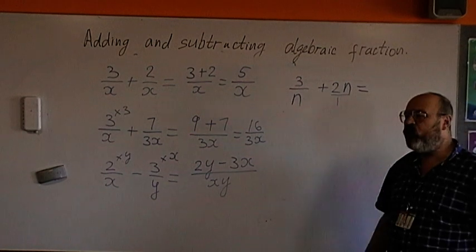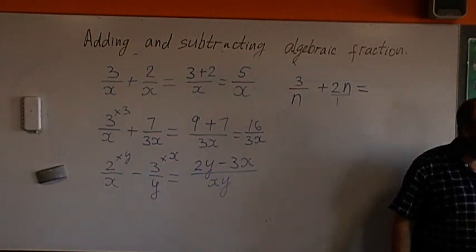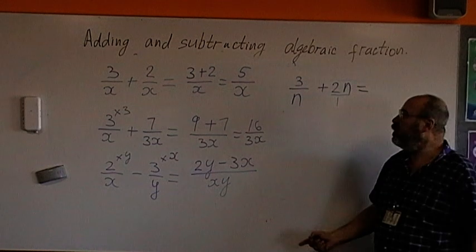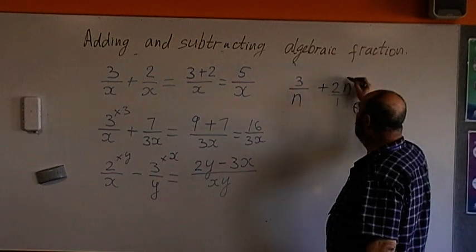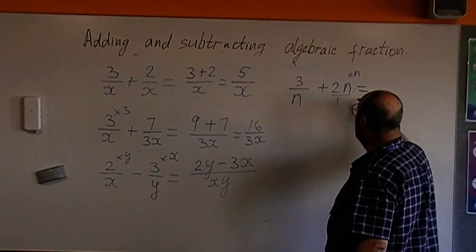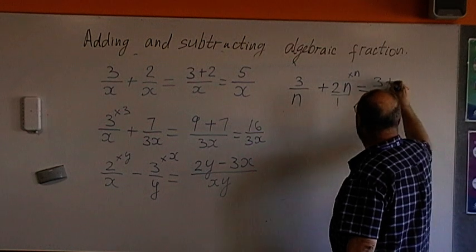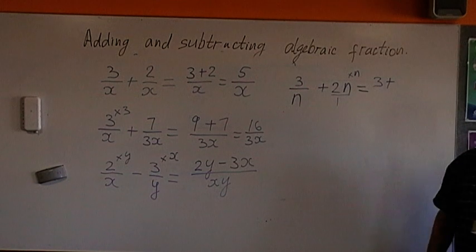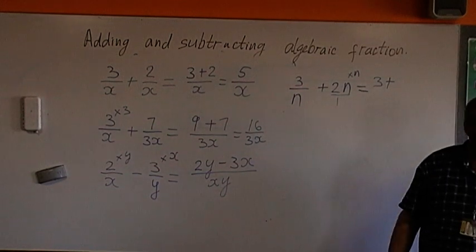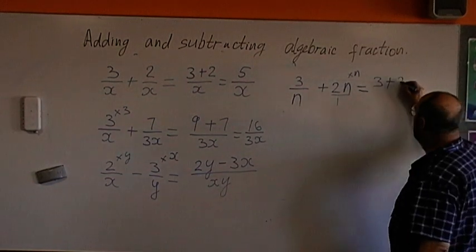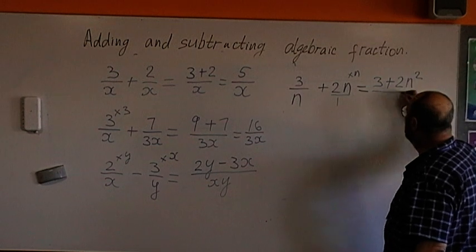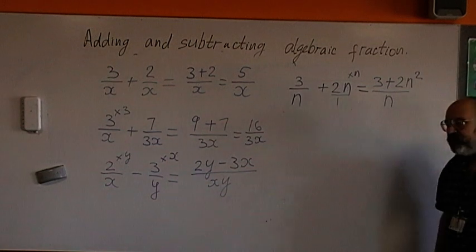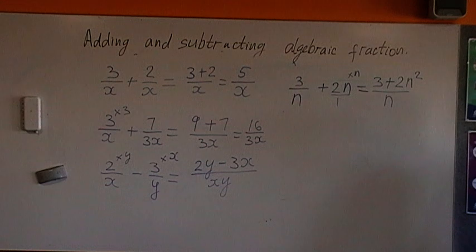So what will be the common denominator? n. So we times by n. We times only this by n, so it will be 3 plus, what is n times n? It's n squared, so plus 2n squared over n. Make sense?